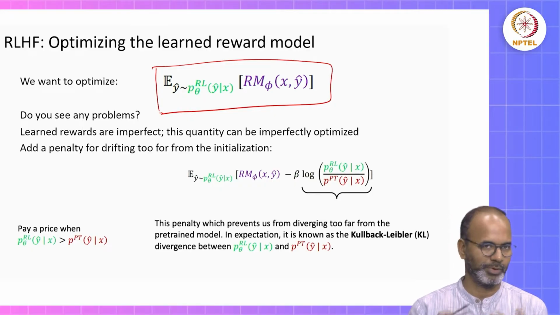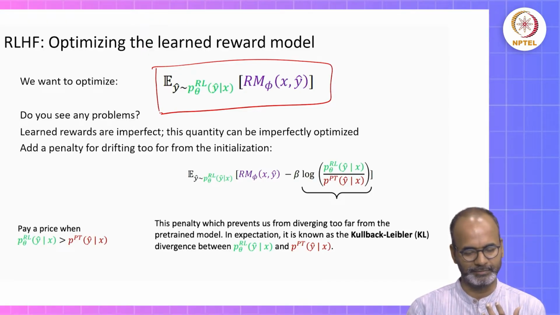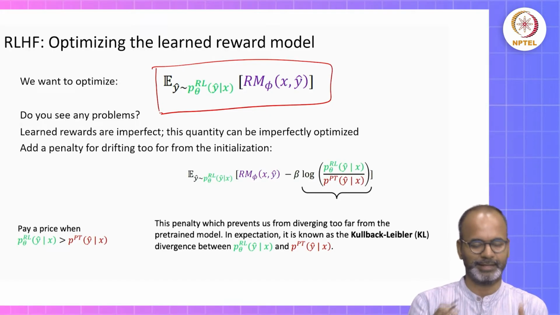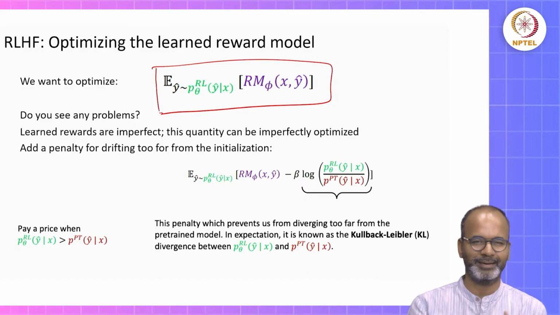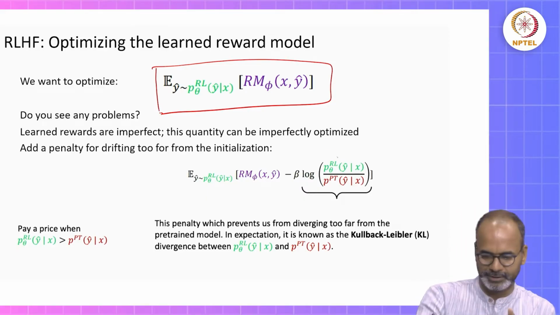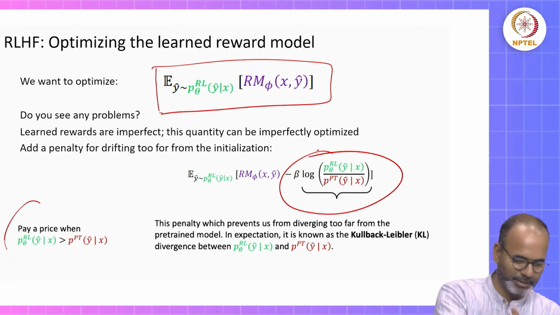I'm sure you're already seeing a problem, because this value is imperfectly optimized, since it is very hard. It can have imbalances, like the problem with the averages that you use. You want to make sure you have some penalty attached to it. This is the penalty function that we're going to talk about in a second.